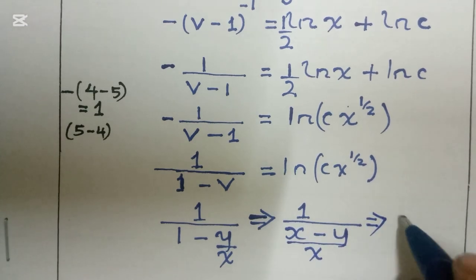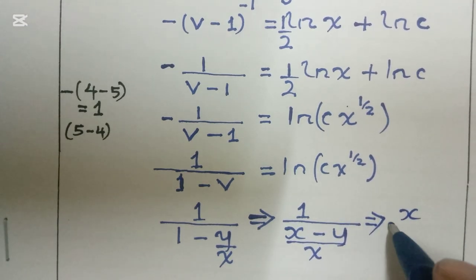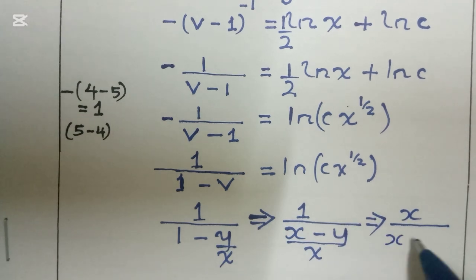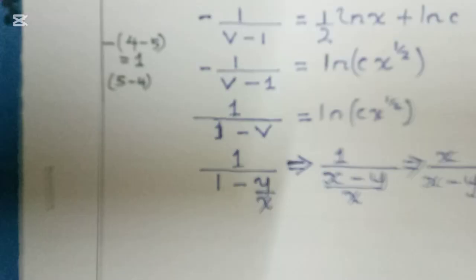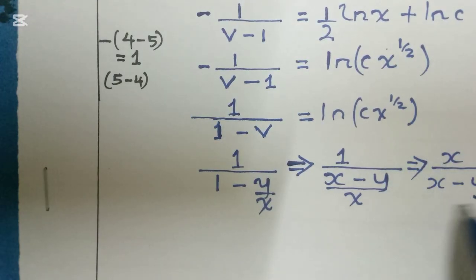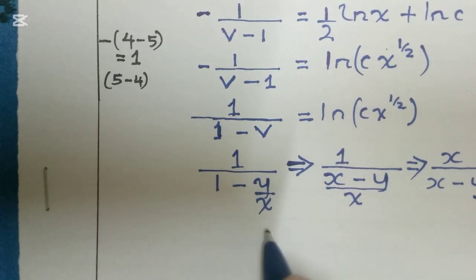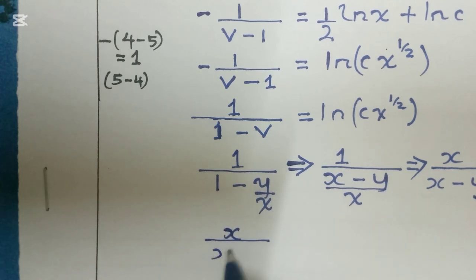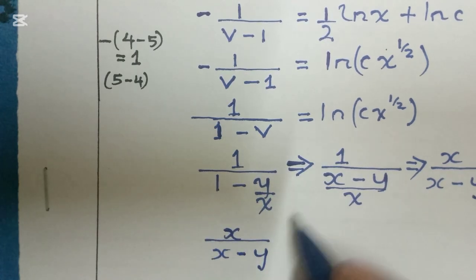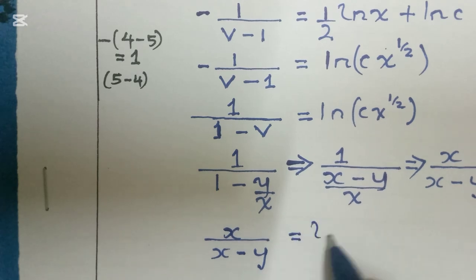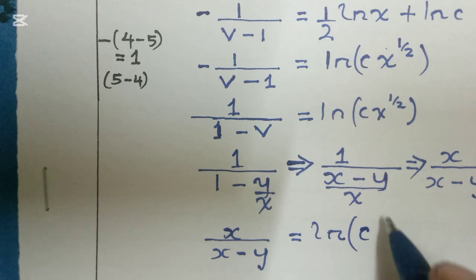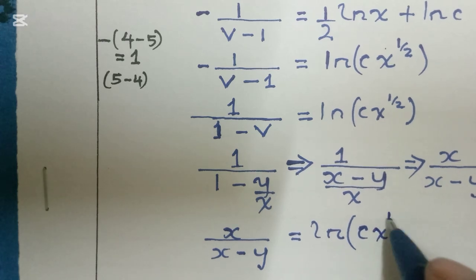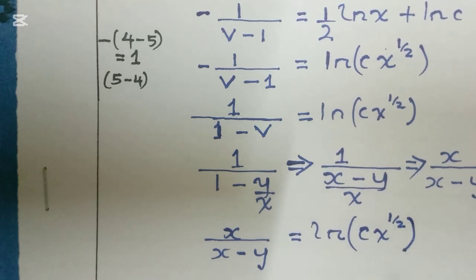X, I can bring it up here, and then x minus y, like that. And so guys, that's what now I'm going to use here. So we shall have x all over x minus y. This one now gives me natural log of, open the bracket, c x raised to a half, close the bracket, like that.